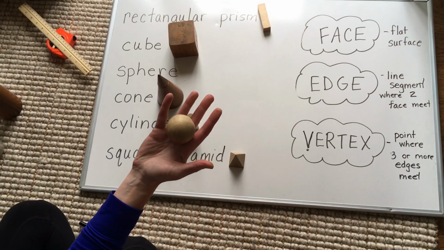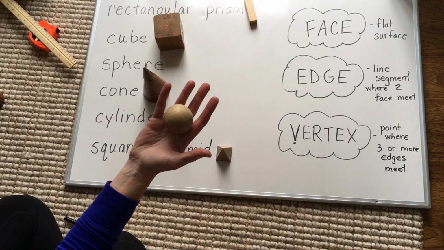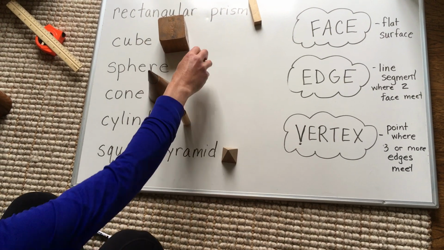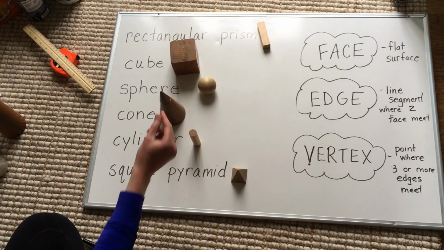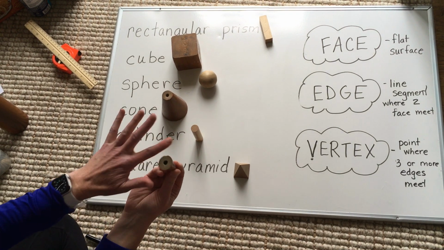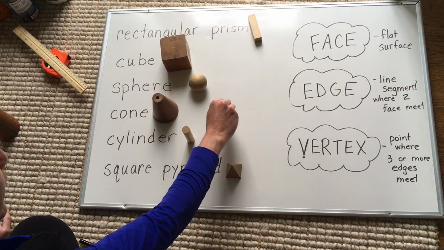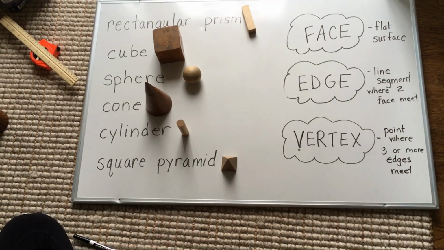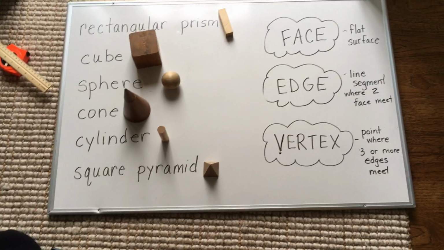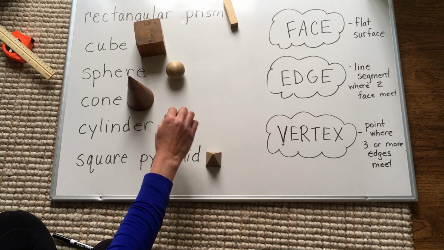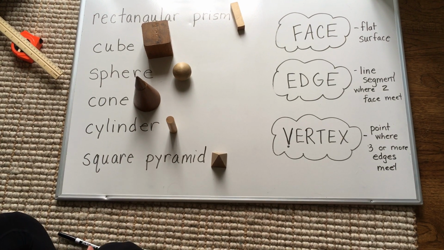Does a sphere? No, a sphere has nothing flat, so it has no faces, right? How about a cone? A cone has one flat surface, so it has one face. Okay? A cylinder would have 2 faces, right?